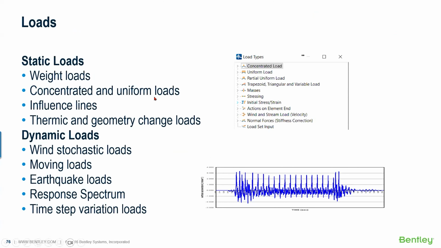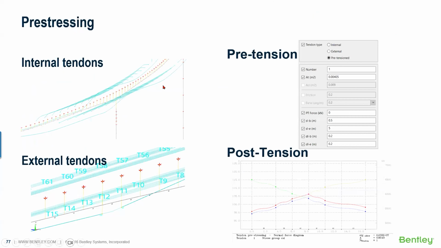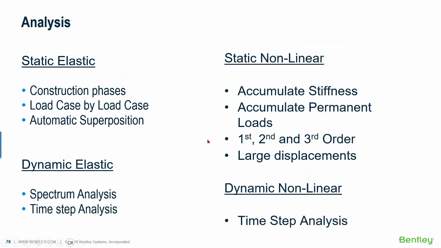For the loads, we can have static loads and dynamic loads. For pre-stressing, we use internal tendons, external tendons. Internal tendons can be pre-tension, post-tension, so external tendons also. And for all of them, it takes into account all the different characteristics and also the schedule of tensioning this.